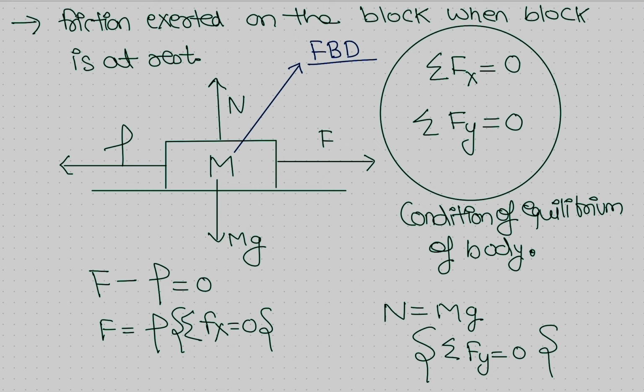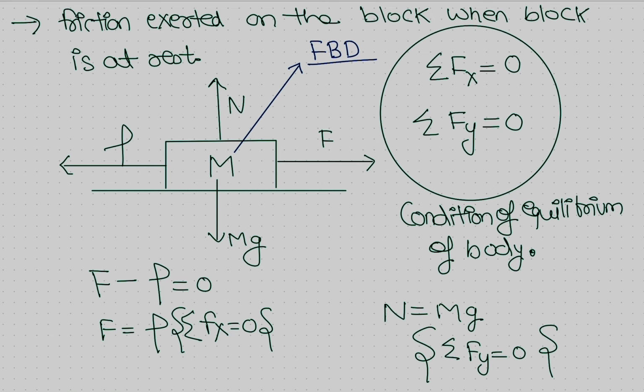So guys, can you tell me the forces exerted in the x direction and y direction? In the x direction, the friction force and the applied force are in opposite directions. So can we say that friction equals applied force? Similarly in the y direction, N equals mg. So in this case, the forces in the respective directions cancel each other, and hence the net force acting on the block is zero.